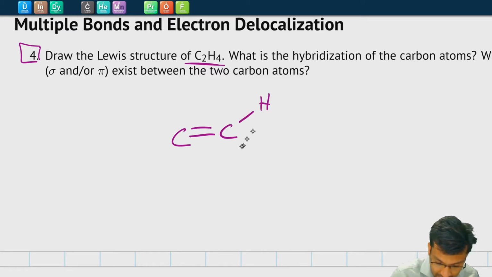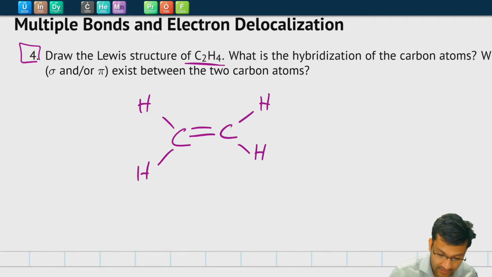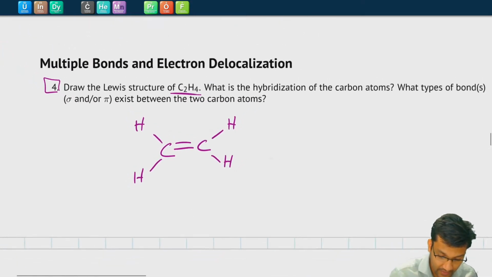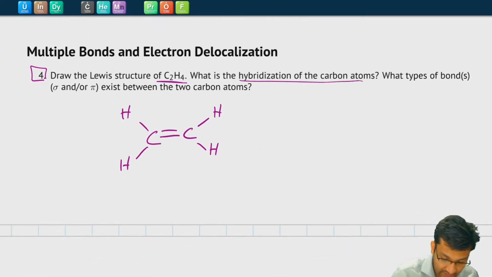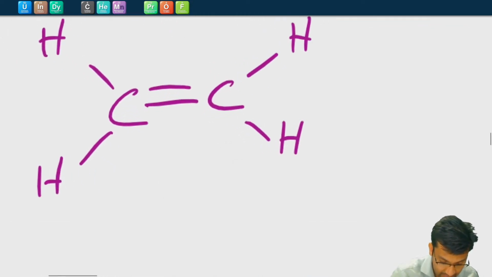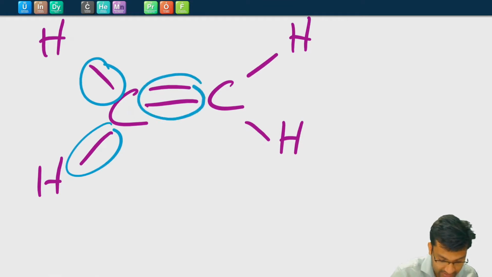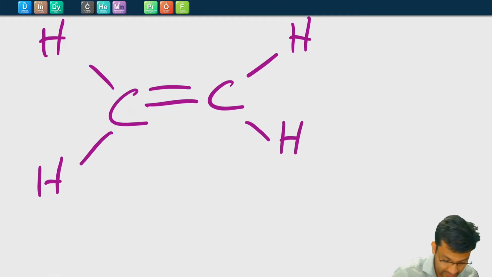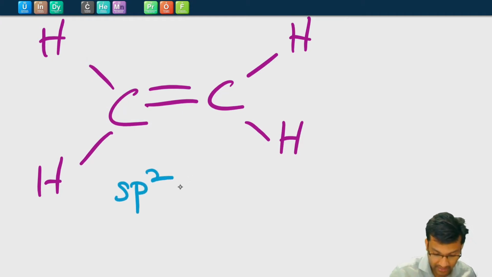So ethene has this structure. This is the Lewis structure of ethene. Now, what is the hybridization of the carbon atoms in this molecule? Well, each carbon has 1, 2, 3 sets of bond or electron groups, so we know that it must be sp2 hybridized.